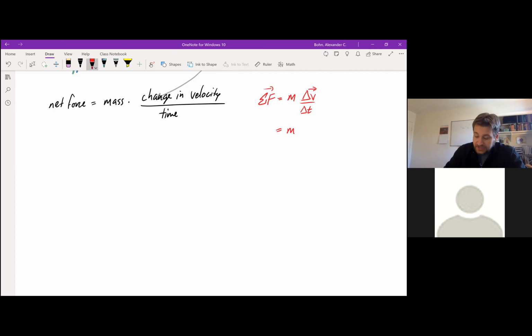The change in the velocity is the velocity we have now, at the end of time interval delta t, minus the velocity we have at the beginning. Every time we have that triangle, we mean what we have at the end minus what we had at the beginning.